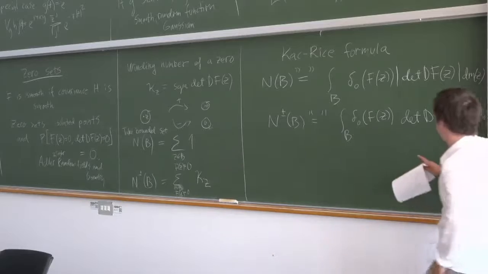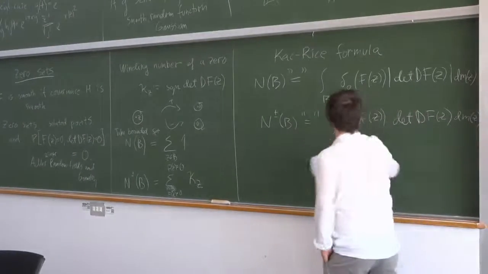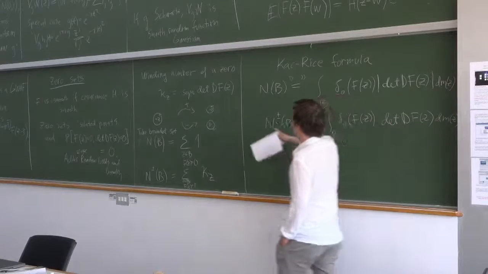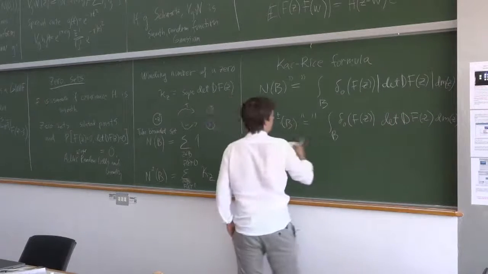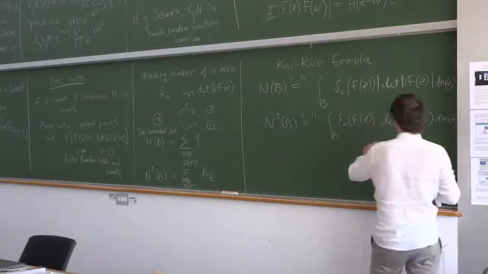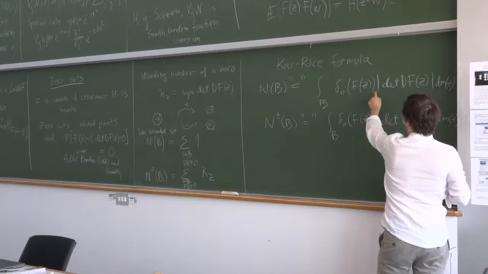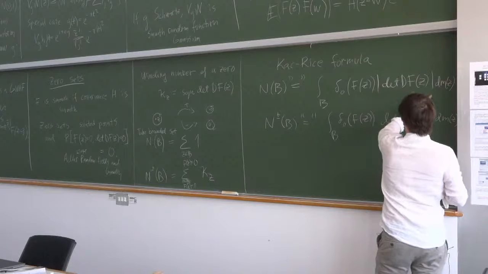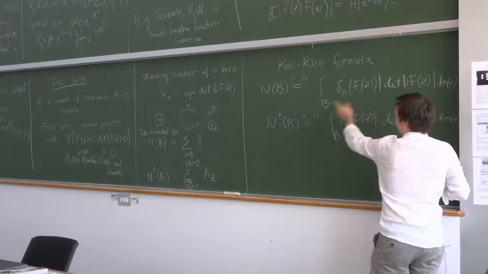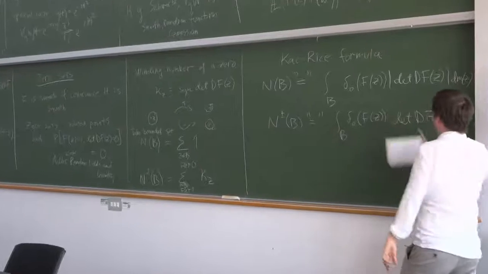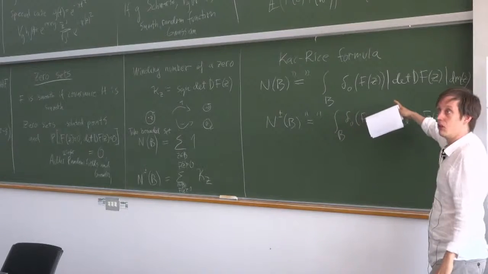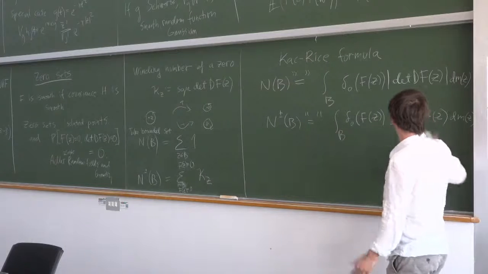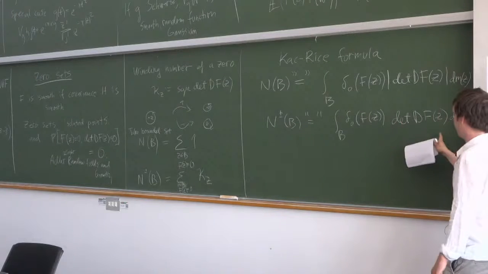And the second expression, the sign of the determinant of the Jacobian of Fc, would appear here as a factor. But then the sign will undo the absolute value, so that makes the expression look like this.